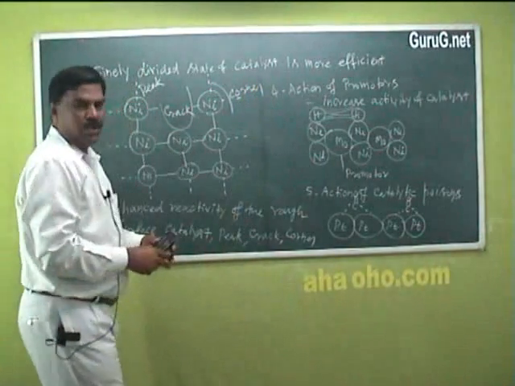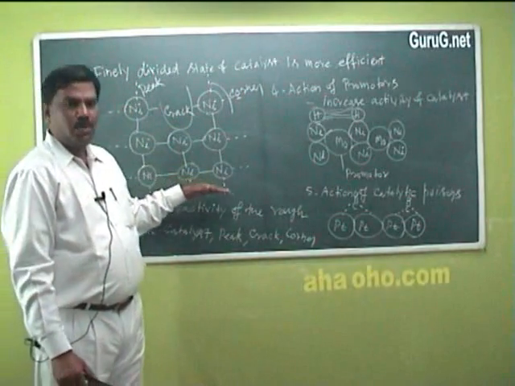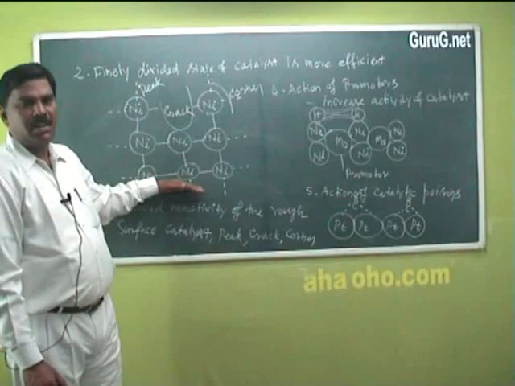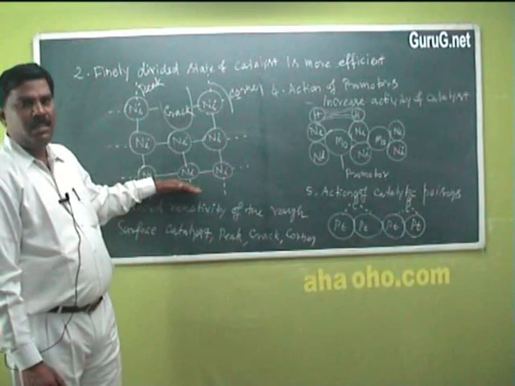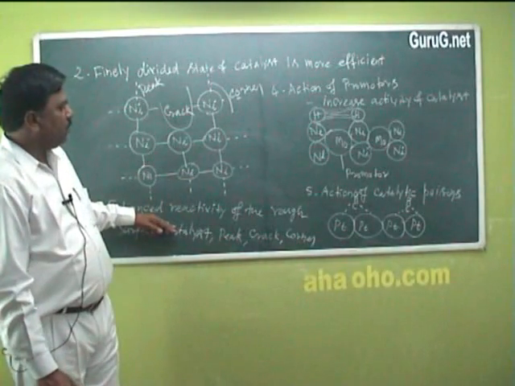So when you create a rough surface on this solid adsorbent, that leads to more adsorption. The reaction taking place on the adsorbent surface is more, that will give you more product. The yield should be more. So this is the second application of the role of adsorption.